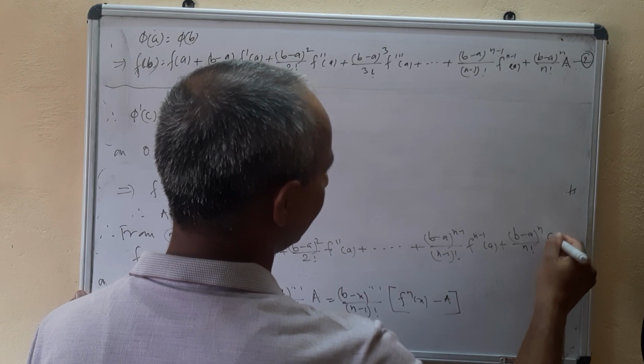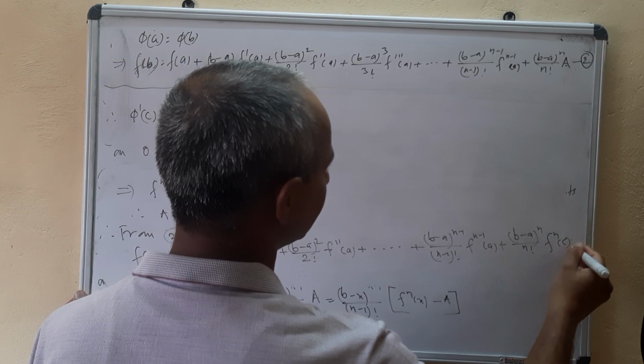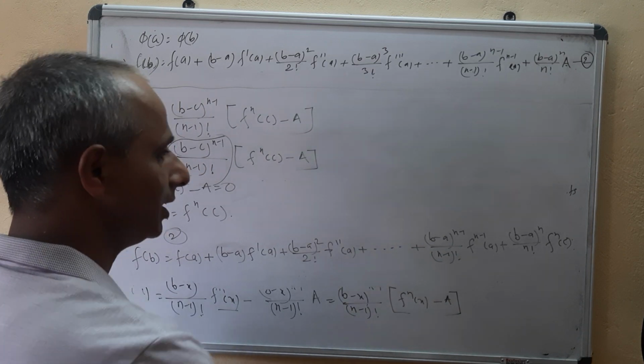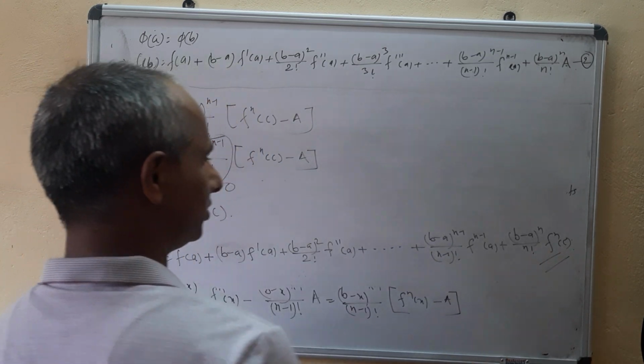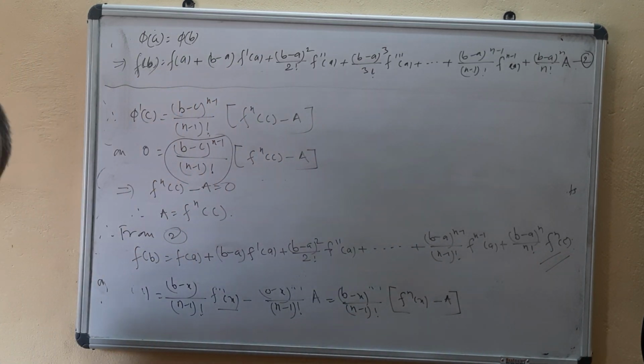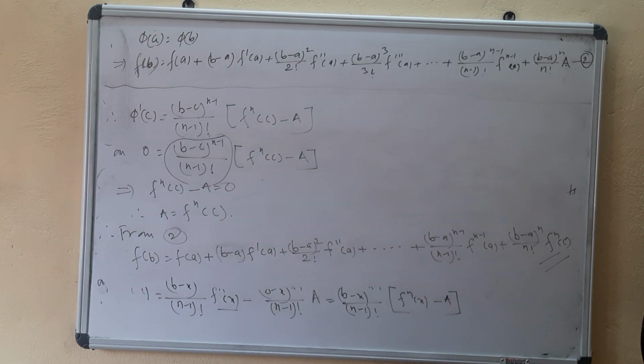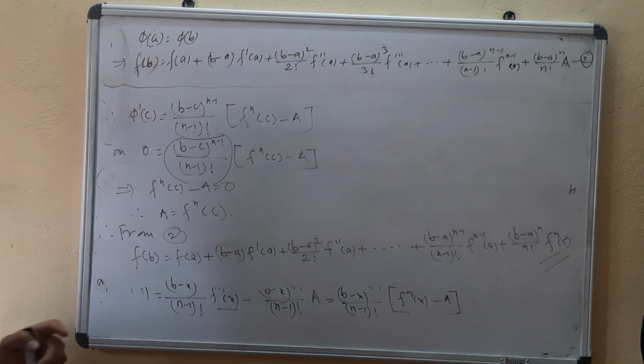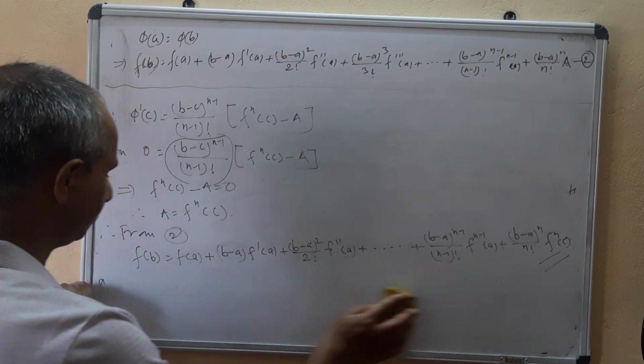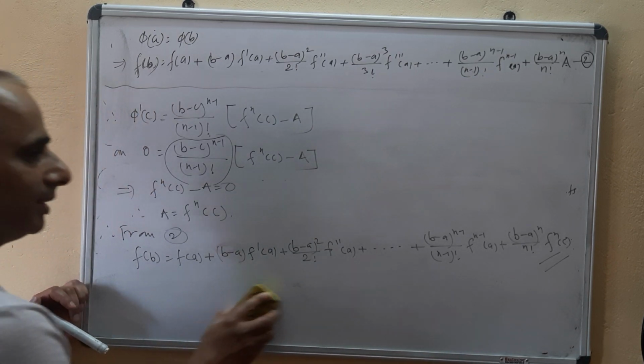In place of a, you just put the value of a, that is fn of c, which is the required result that we have to prove. Hence the theorem is proved this way. So this is the statement of Taylor's theorem in finite form.